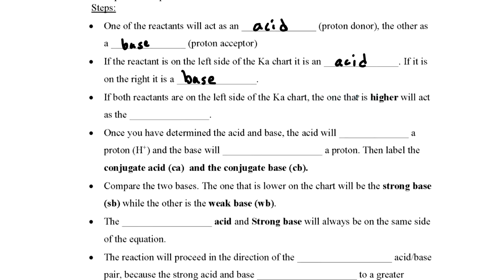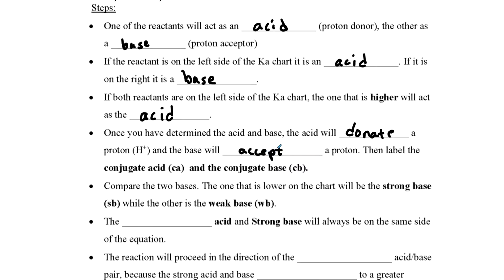The one that is higher on the chart will act as the acid. So the stronger acid. Once you have determined the acid and base, the acid will donate a proton or a hydrogen ion, and the base will accept the proton.